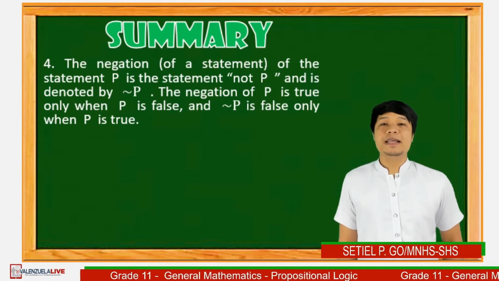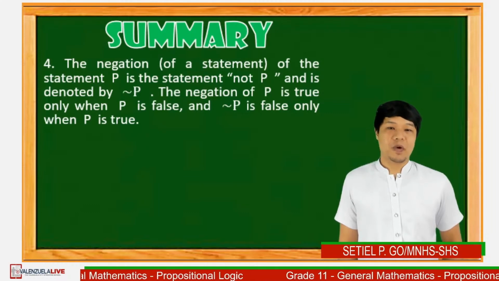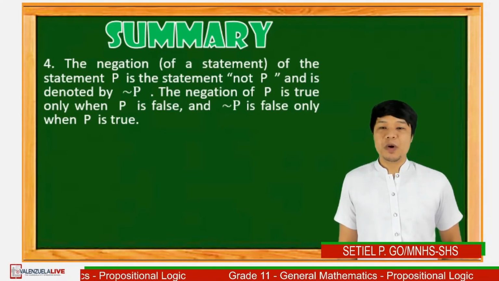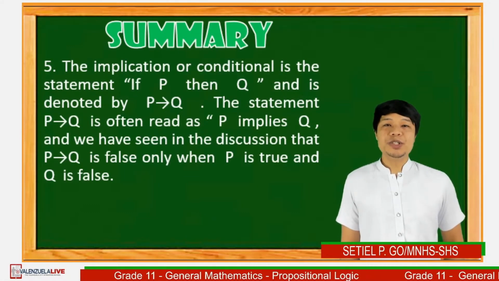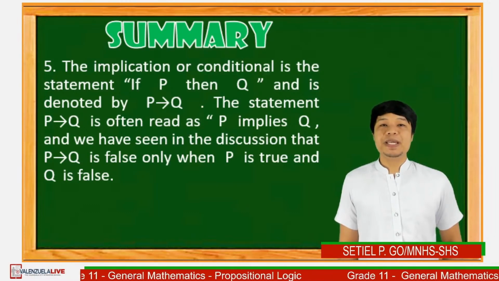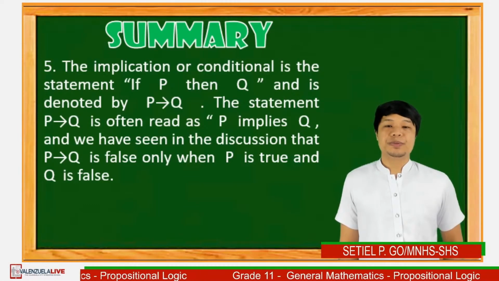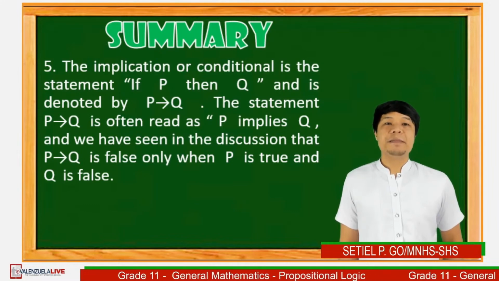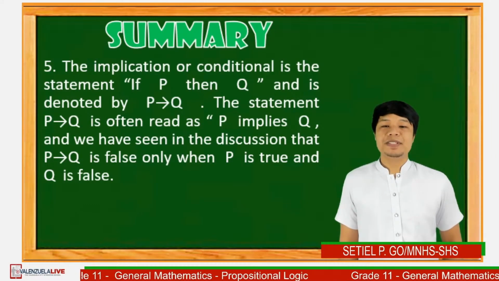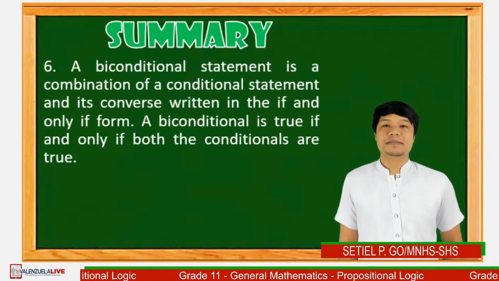Number 3, the disjunction of the statements P and Q is the statement P or Q, and it is denoted by this symbol. The disjunction of P and Q is true when at least one of P or Q is true. Number 4, the negation of the statement P is the statement not P. It is denoted by this symbol. The negation of P is true only when P is false, and false when P is true. Number 5, the implication or conditional is the statement if P, then Q, denoted by P arrow Q, often read as P implies Q. We have seen in the discussion that P implies Q is false only when P is true and Q is false.